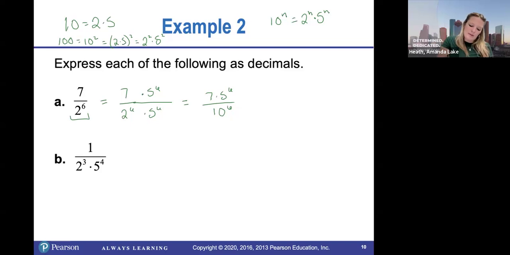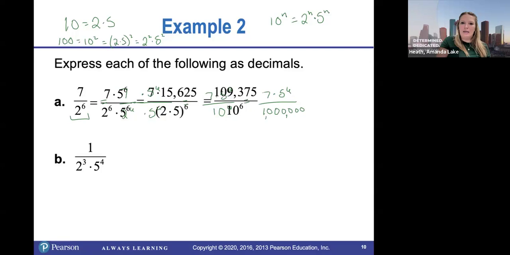And then I know 10 to the 6th power is 1 with 6 zeros. So that's 1 million. So I have 7 times 5 to the 6th over 1 million.